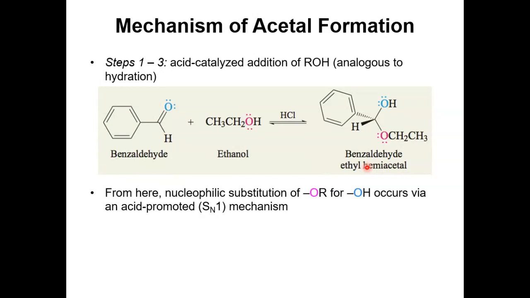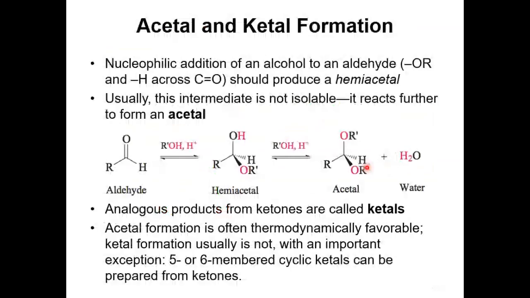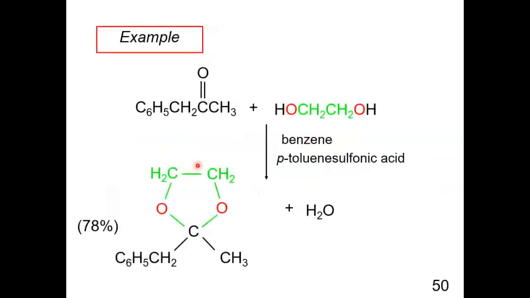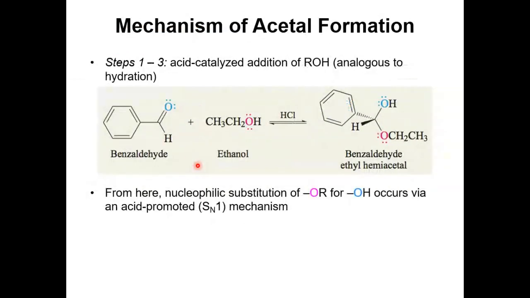Then look at the mechanism. I'm not going to talk about the mechanism of the first stage. Please go home and draw it by yourself. It's exactly the same three-step mechanism as acid-catalyzed hydration. First, protonation of the carbonyl makes an activated carbonyl, a faster process.